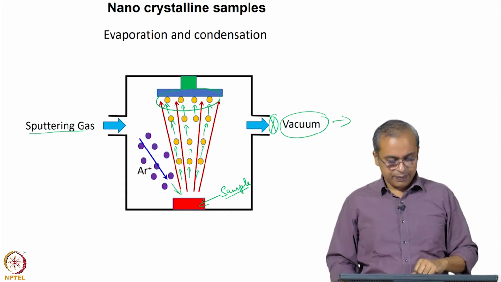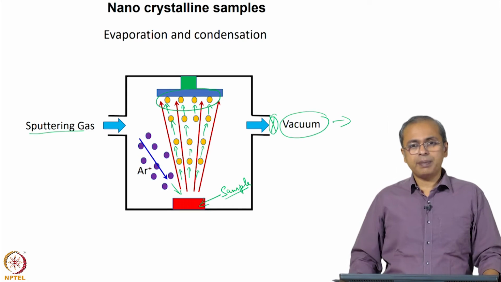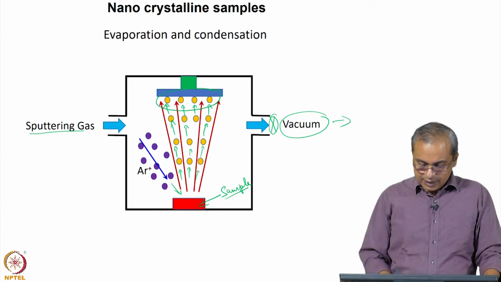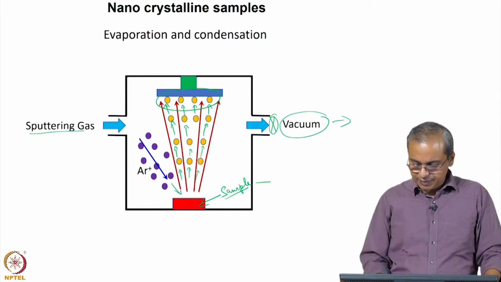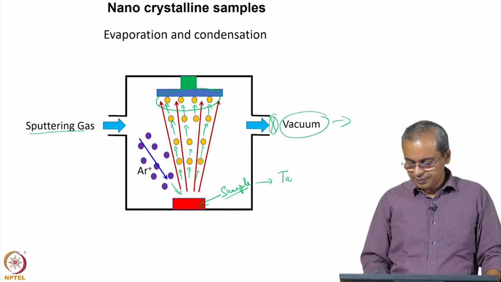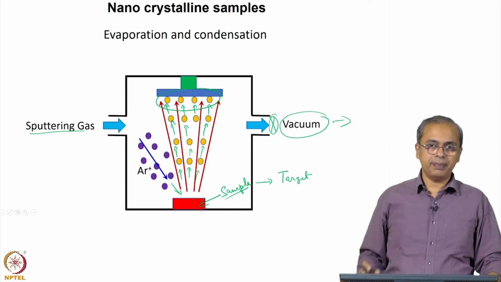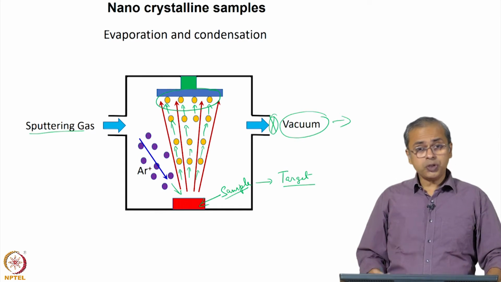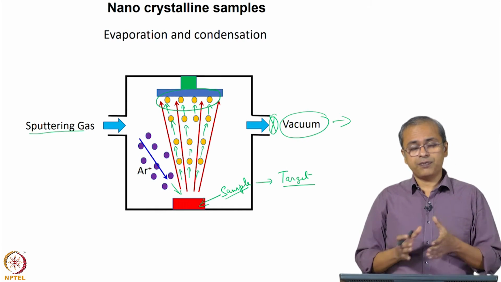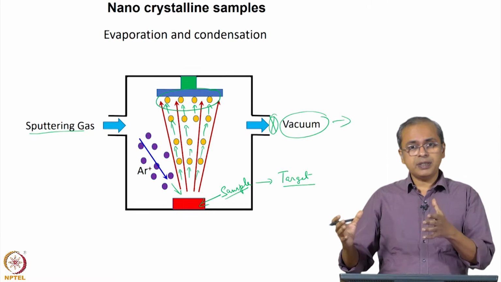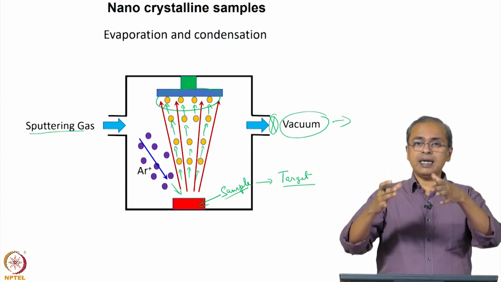In the electron beam process as well as the sputtering process, the sample is used as a target, because it is hit by the argon ion or the electron beam. Usually, commercially available sputtering units will also sell targets for you.